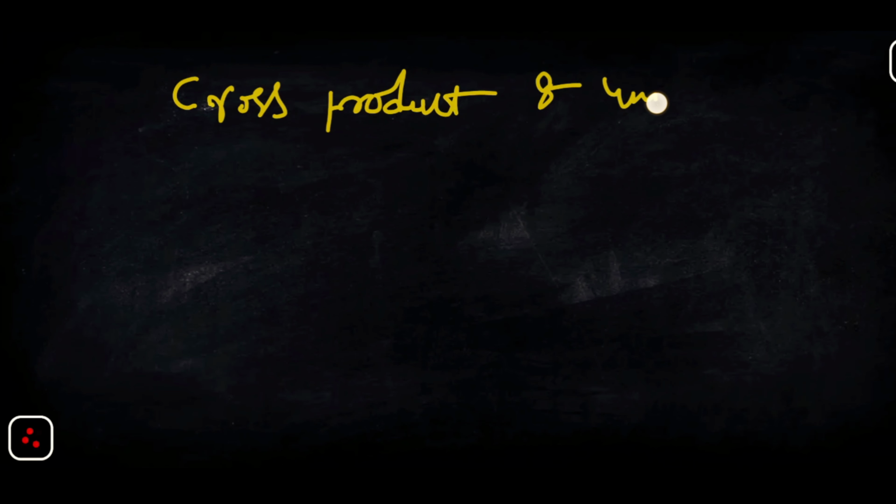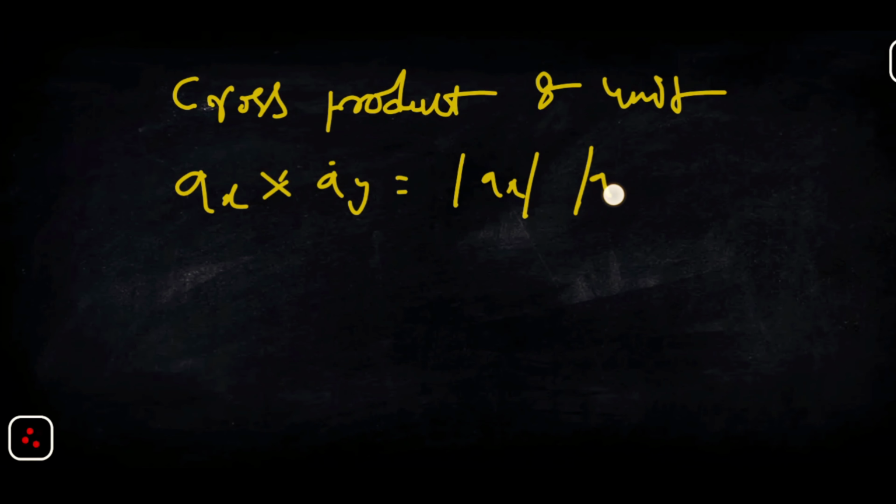Now we go for cross product of unit vectors. Cross product of unit vectors, as we did for dot product, let us see here. ax cross ay is the unit vector, that equal to magnitude of ax, magnitude of ay and sine of angle, sine 90 degrees, and unit vector is an, the normal to xy plane.